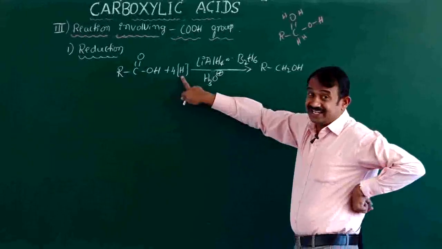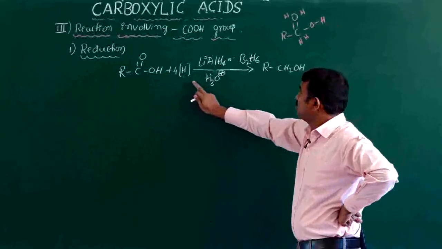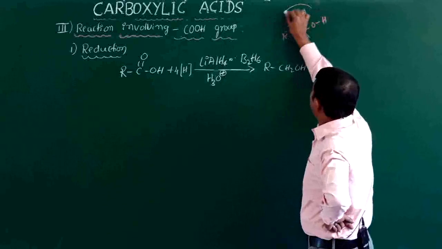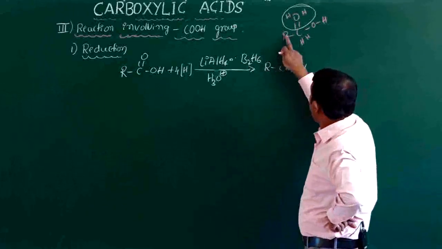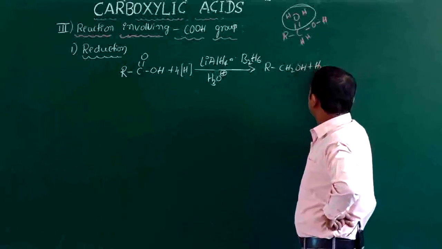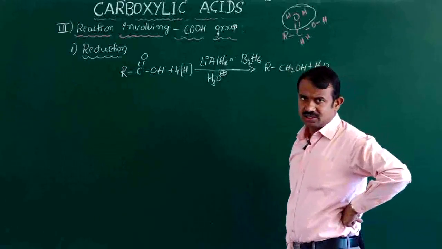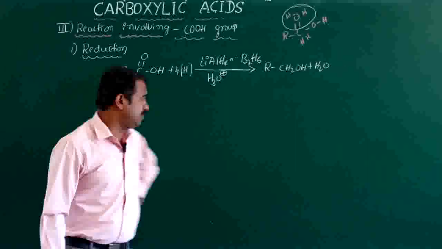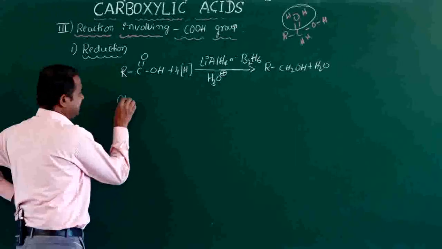This is nascent hydrogen. Here there is elimination of water, giving RCH2OH plus water. Next, take an example: acetic acid.